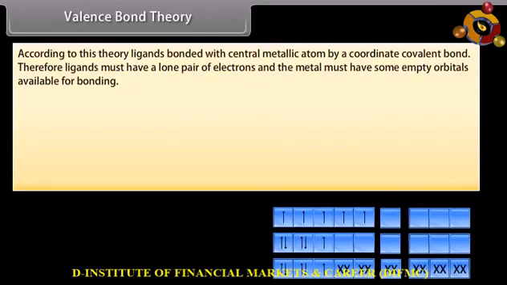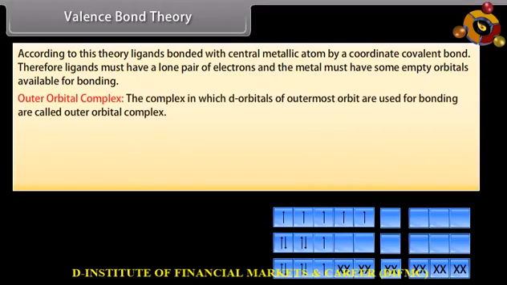According to this theory, ligands are bonded with the central metal atom by a coordinate covalent bond. Therefore, ligands must have a lone pair of electrons and the metal must have some empty orbitals available for bonding. For example, the formation of K4[Mn(CN)6] can be explained on the basis of valence bond theory.